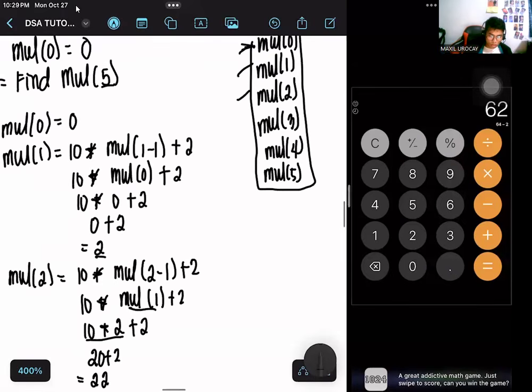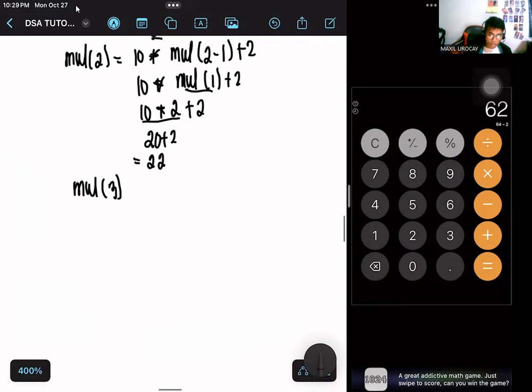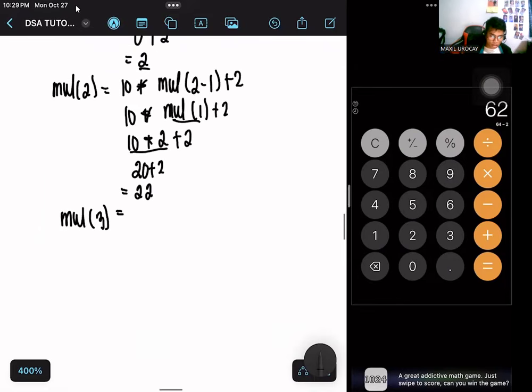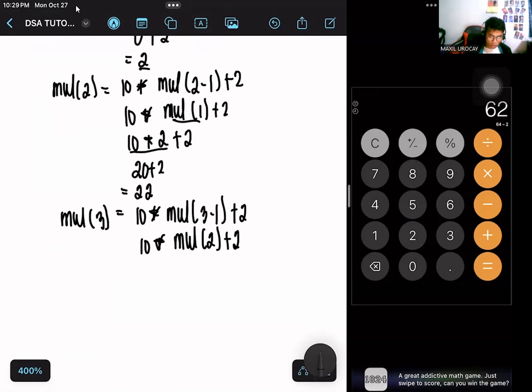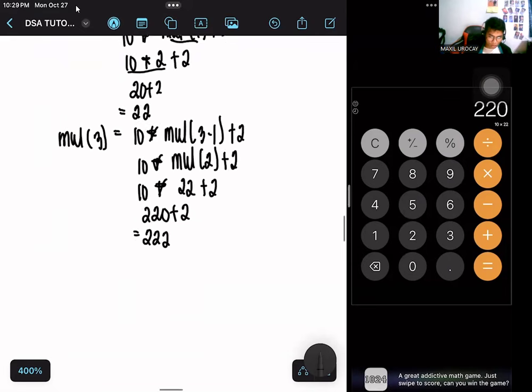Now that we're able to calculate mul 2, let's calculate mul 3. It is 10 times mul of n minus 1, plus 2, so 10 times the value of mul 2, that is 22, plus 2. 10 times 22 is 220, plus 2 is 222.